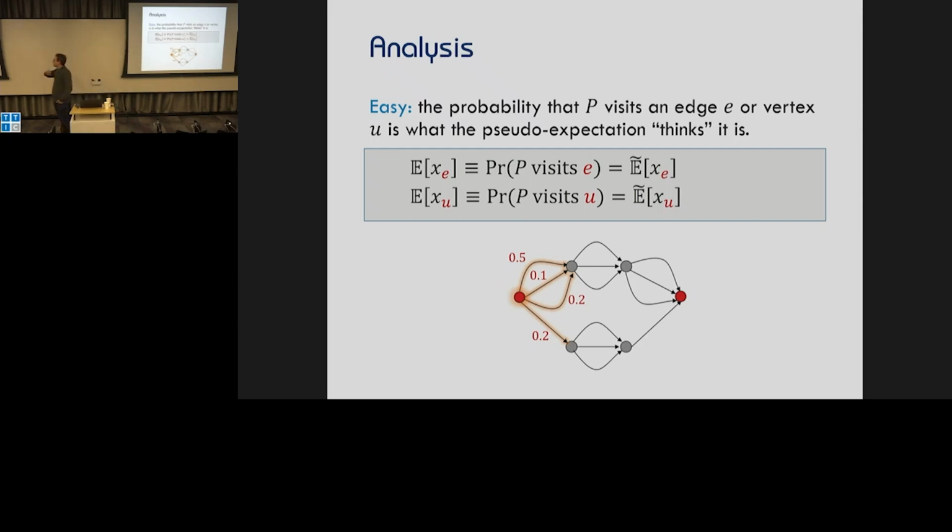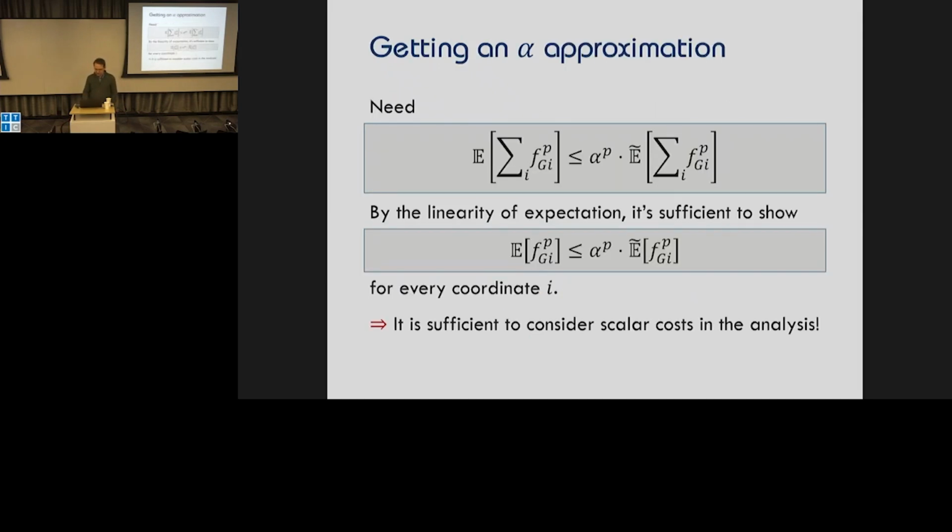It's not hard to prove by induction that these two are equal. Also, we can look at the probability that our path visits vertex u, and again, by induction, we can prove that this is equal to the pseudo expectation of x_u. So at least we see that there is some connection between expectations and pseudo expectations. This is good news for us.